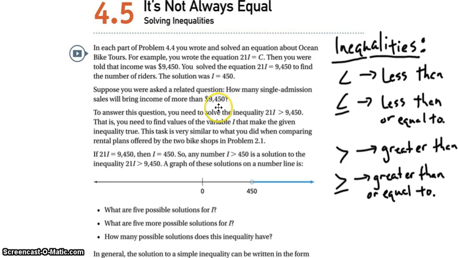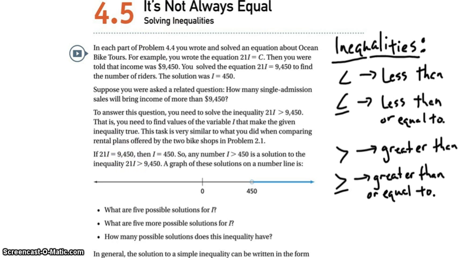Today, we use inequalities so that we can show things that would bring more than 9,450, or on the other side, how many people it would take to get an income of less than 9,450.